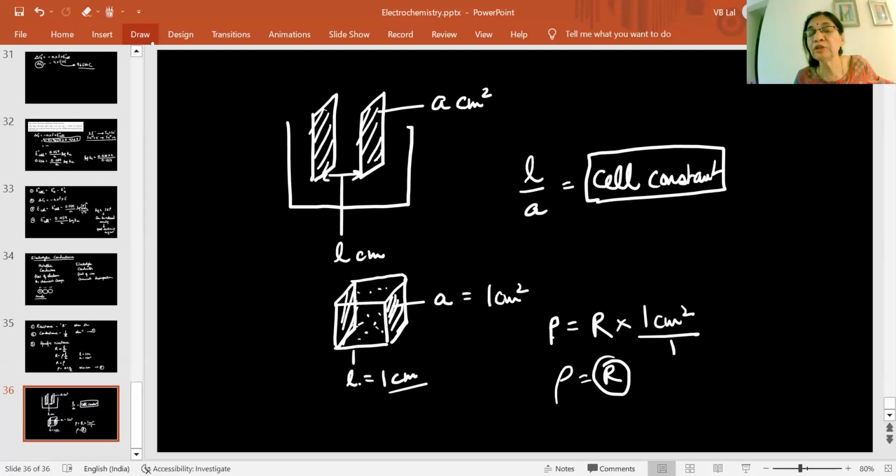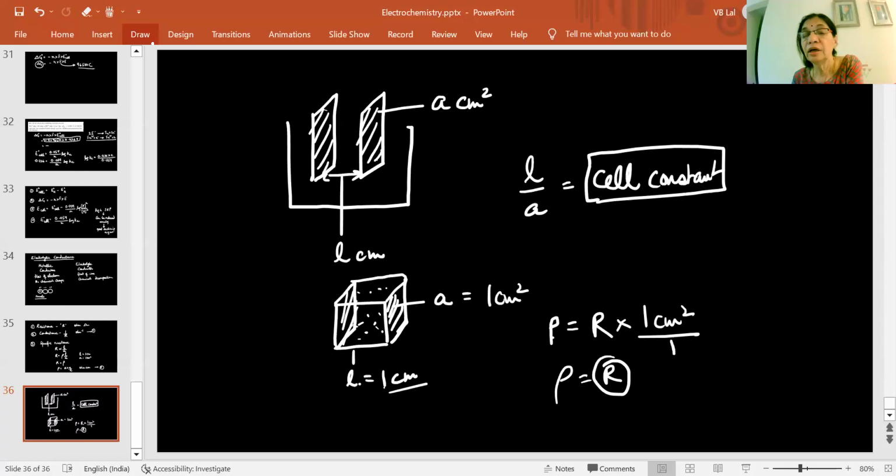So what is the specific resistance of an electrolyte? The specific resistance of an electrolyte is equal to the resistance offered by all the ions present in 1 centimeter cube. What is the volume of this? The volume is 1 into 1 centimeter square, so the volume is 1 centimeter cube.